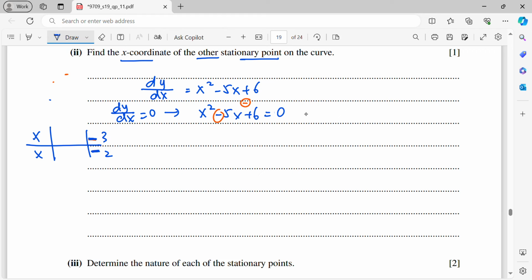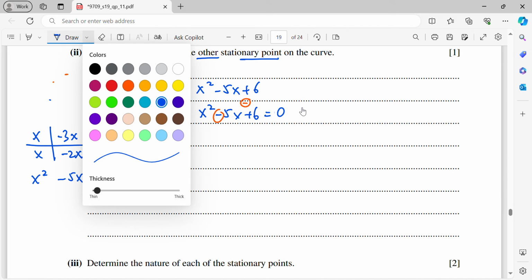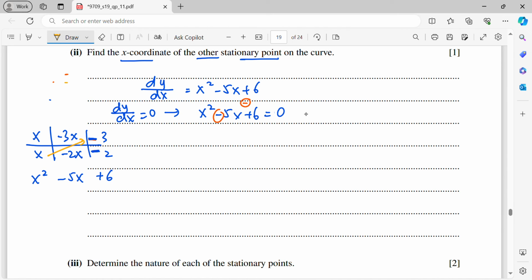Multiplying minus 3 with x gives minus 3x, and the other one is minus 2x. The first column gives x squared, the last column gives plus 6, and the middle column gives minus 5x. Therefore, my factors, just cross multiply, will be x minus 3 and x minus 2.